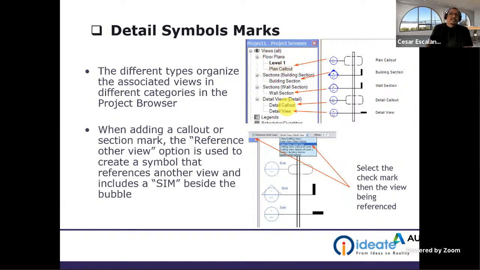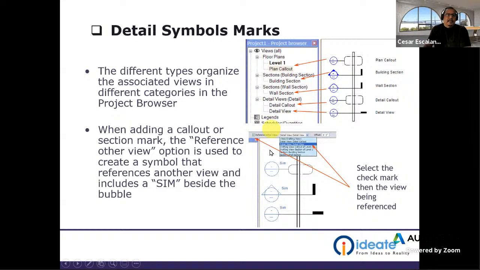The finish transition is a typical detail that may be repeated in multiple places in the model, but I don't have to create a live section across every condition in the entire project. In those cases, I create something called a reference view. A reference view is a symbol mark that is associated with the visibility of another view.